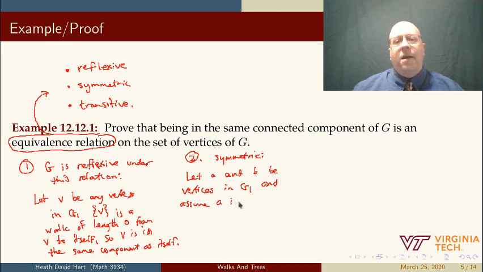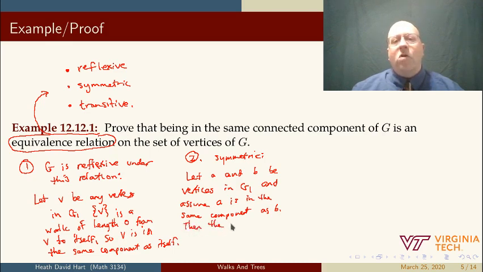A is in the same component as B. That means there is a walk from A to B, because in a connected component, it's possible to walk from every vertex to every other vertex in the component.